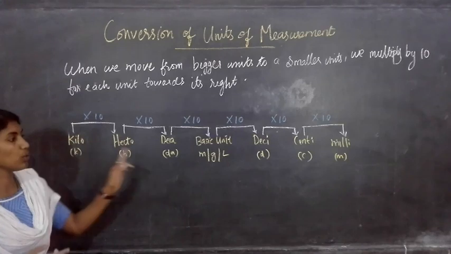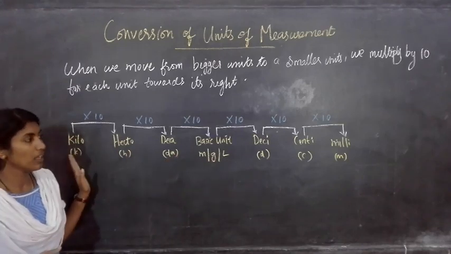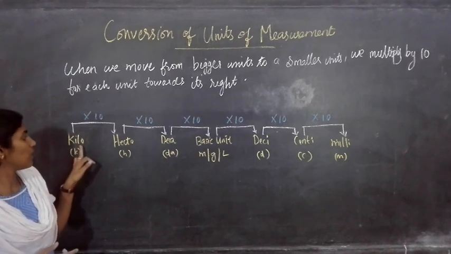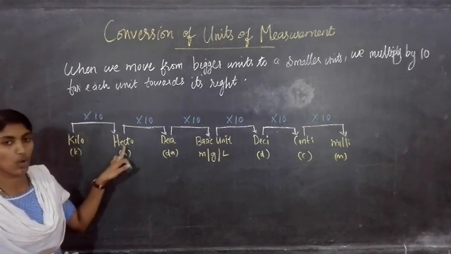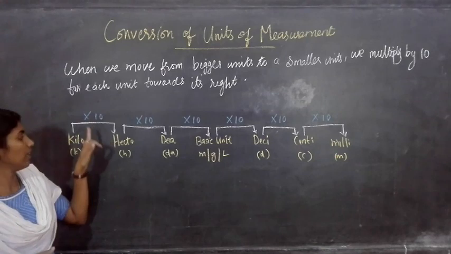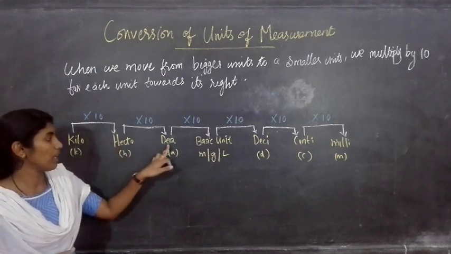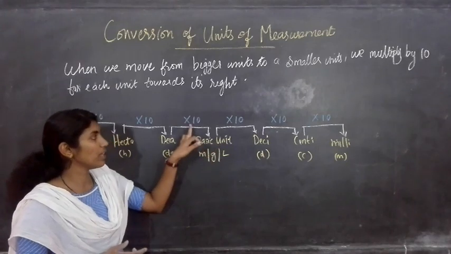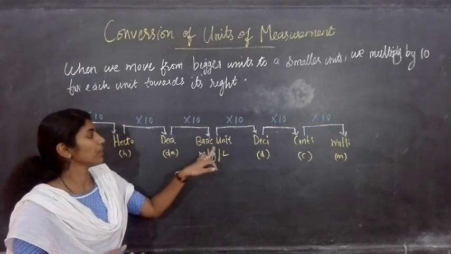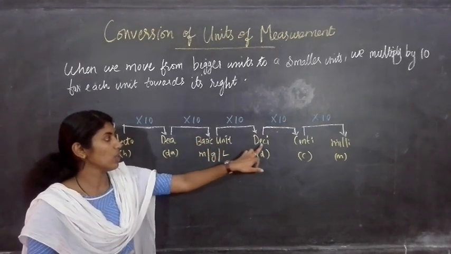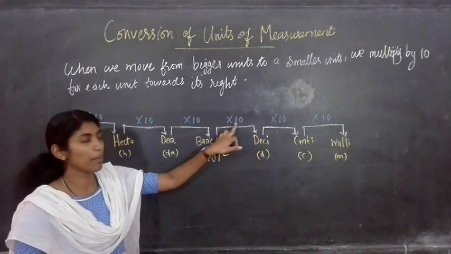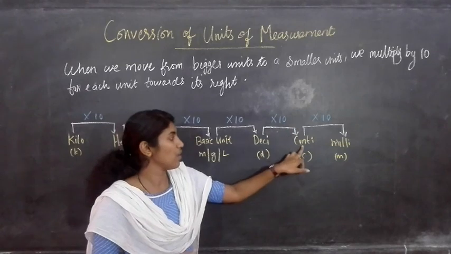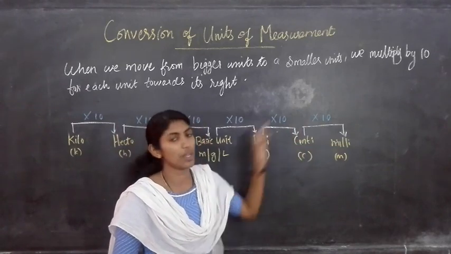This is bigger to smaller, arranged in the order kilo. To convert kilo to hecto, we multiply by 10. Then hecto to deca, multiply by 10. Then deca to the basic unit, multiply by 10. Then basic unit to deci, multiply by 10. Then deci to centi, multiply by 10. And finally centi to milli, multiply by 10.